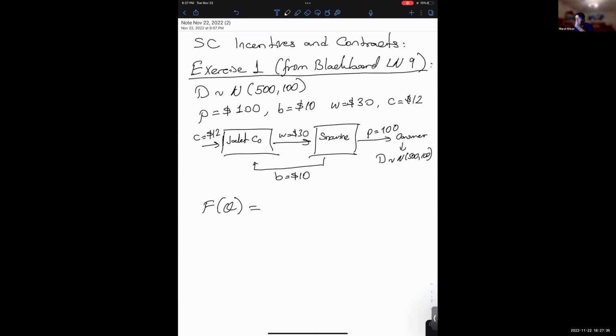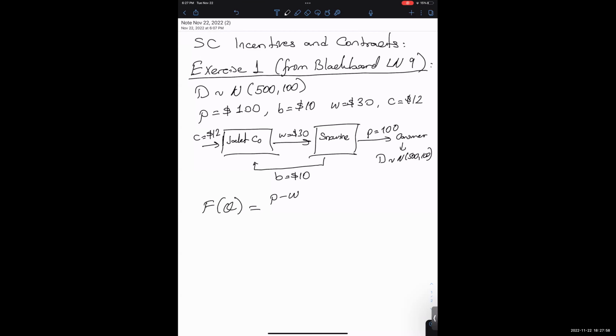And that will be, remember the good old formula, Cu divided by Cu plus Co, and that will be P minus W.